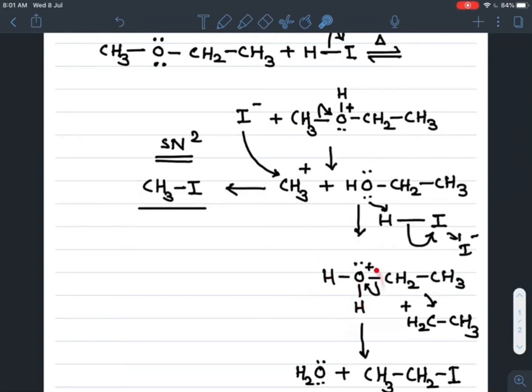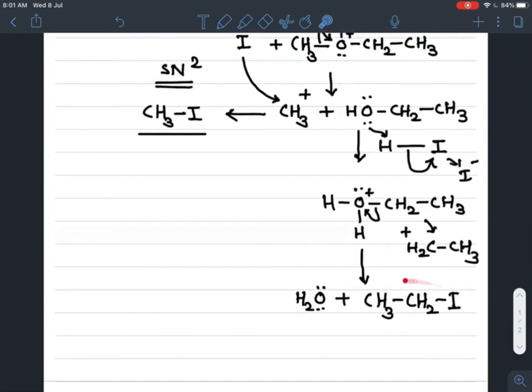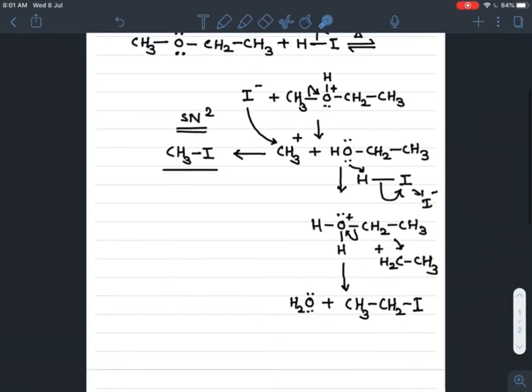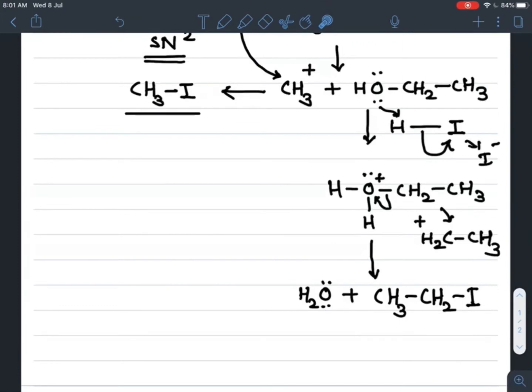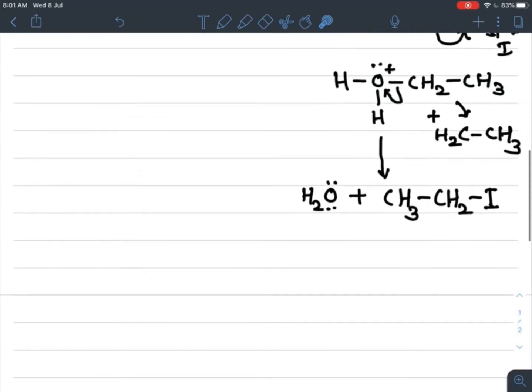So O plus is again formed, which is unstable, and further the bond between oxygen and carbon breaks heterolytically. The oxygen attracts the pair of electrons towards itself, forming a water molecule, and C2H5 plus combines with I minus and finally gives the corresponding ethyl iodide. So this is the SN2 mechanism that takes place in primary and secondary alkyl group containing ethers.